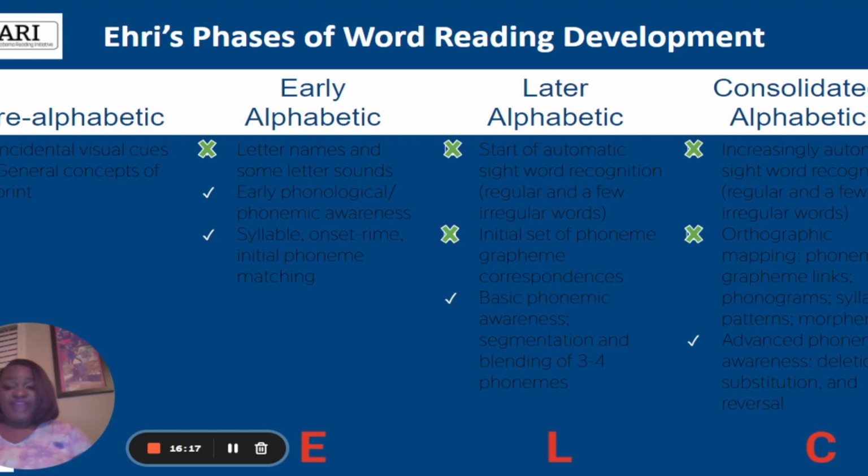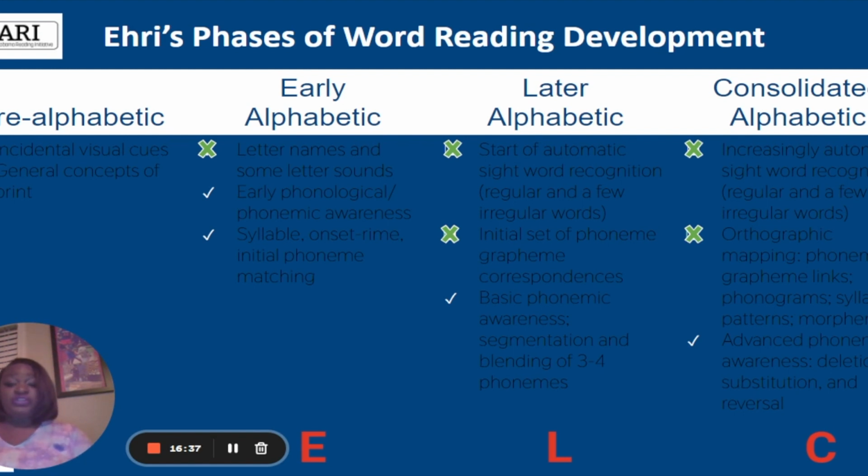The first phase in Ehri's phases of word reading development is the pre-alphabetic phase. And in this phase, neither of the skills will fall under phonological or phonemic awareness.